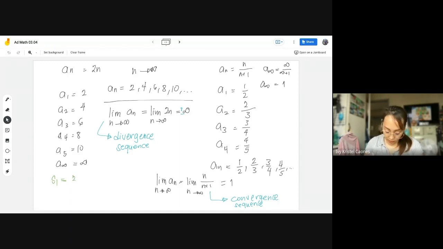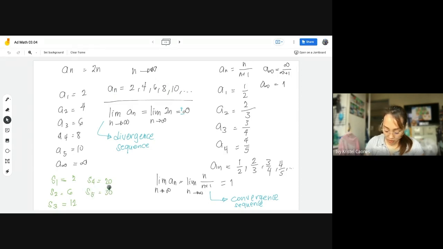Then S sub 2 will be the sum of these two numbers, so it will be 6. S sub 3 is the summation of these three numbers, that is 12. S sub 4 is the summation of these four numbers, so that is 20. And S sub 5 will be 30.